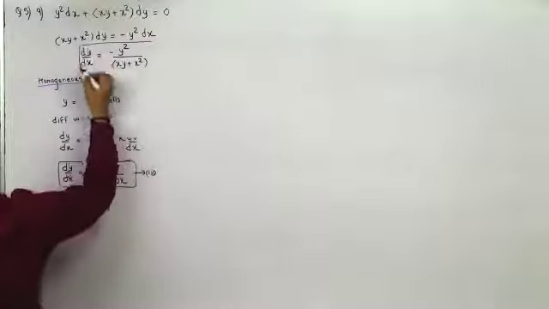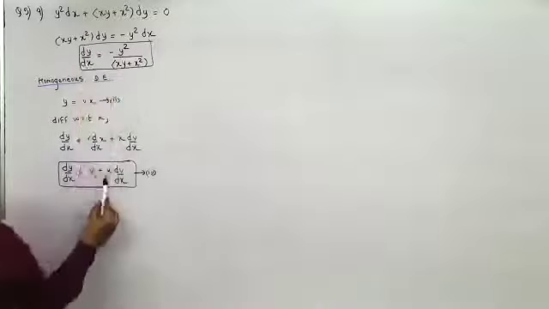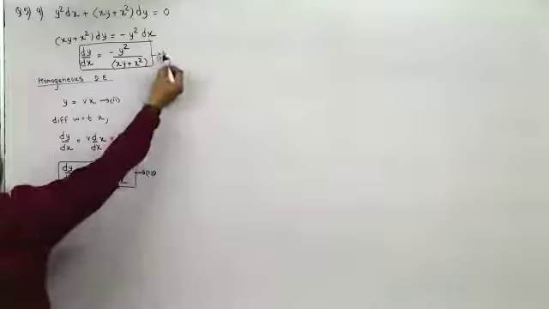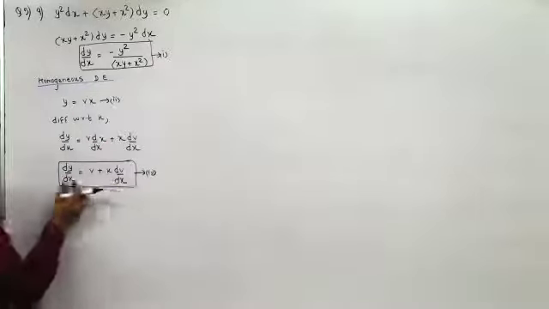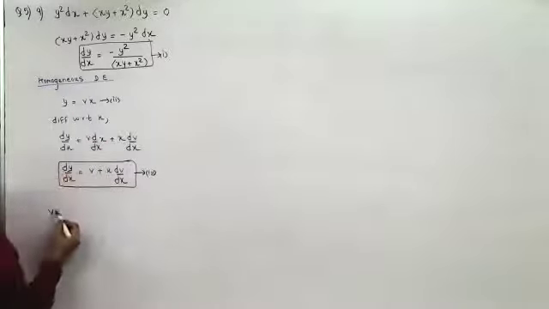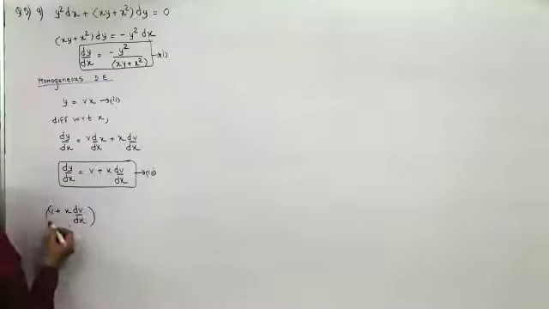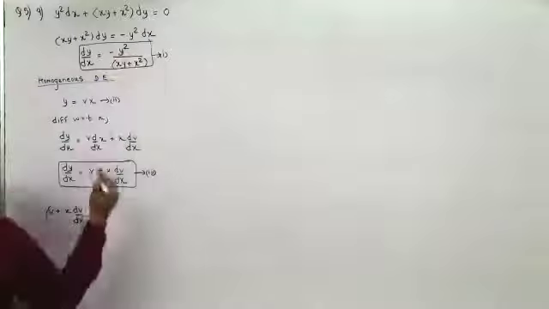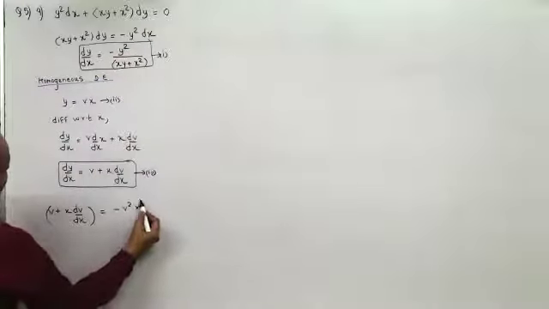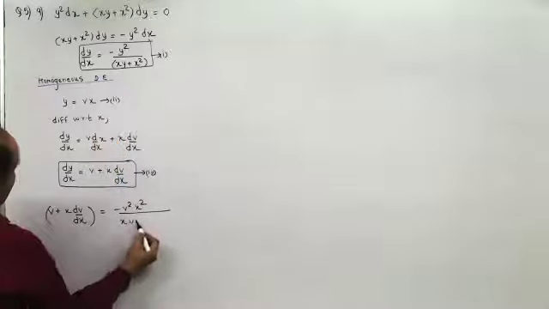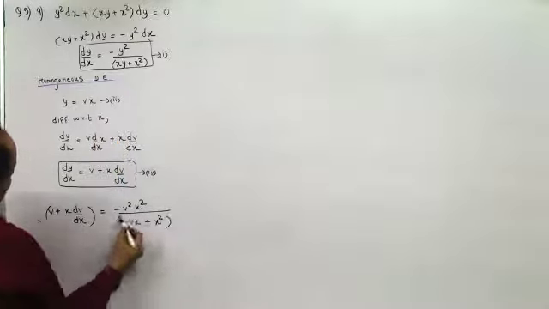Now here I have dy by dx, which can be replaced with v plus x dv by dx. So from 1, 2 and 3, dy by dx gets replaced with v plus x dv by dx is equal to, this is y square, it becomes v square x square. This is x, this is vx, and this is x square.